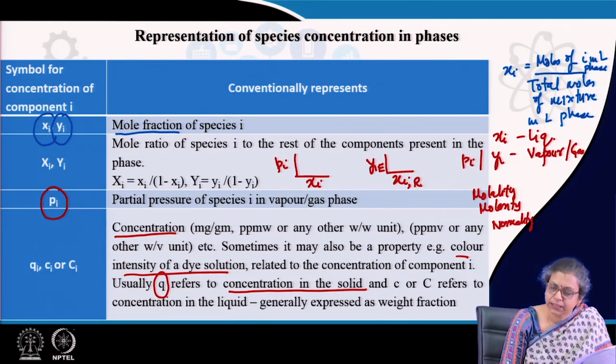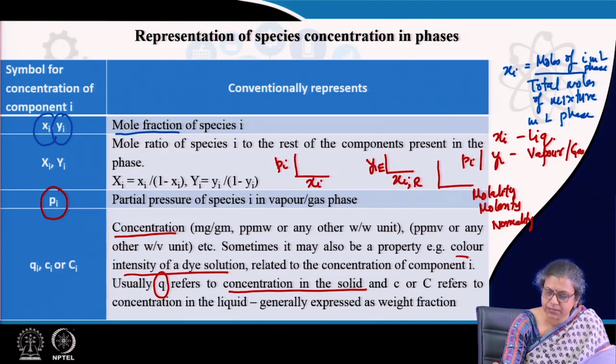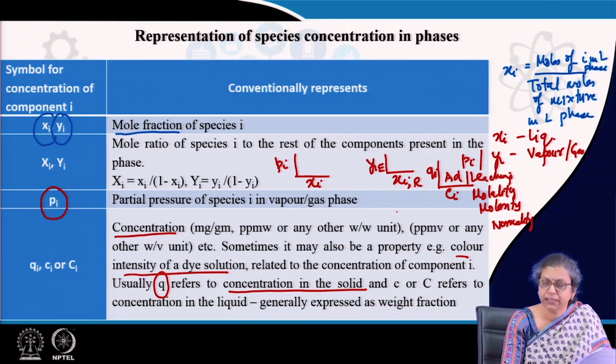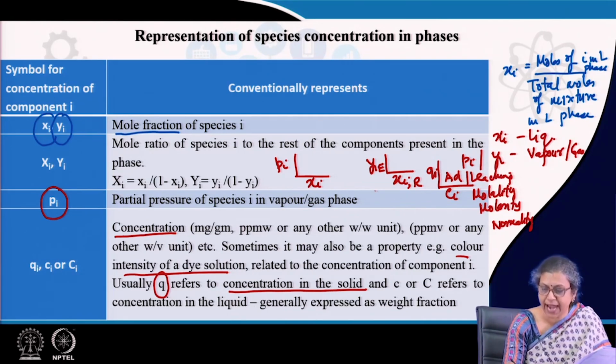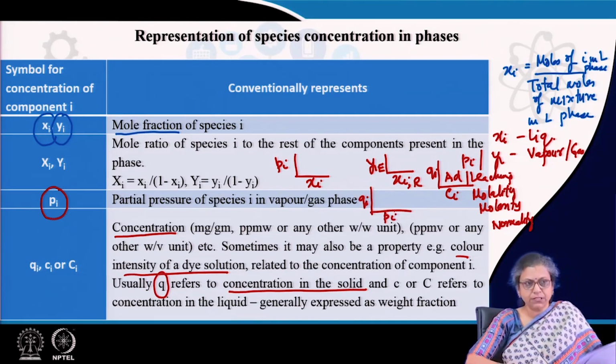And when we are dealing with adsorption or maybe leaching, in those cases we generally represent it as Qi versus Ci. This is for adsorption or leaching. And when we are dealing with gas solid adsorption, in that case we can also represent it as Qi versus Pi.